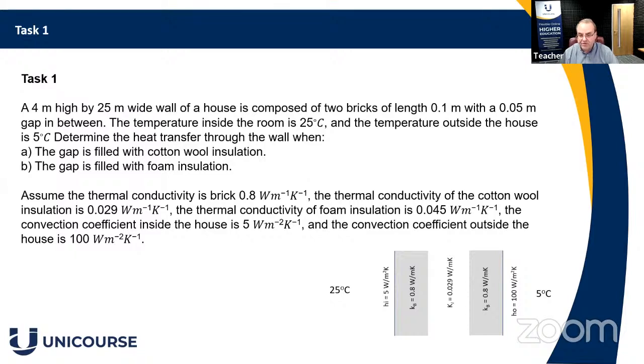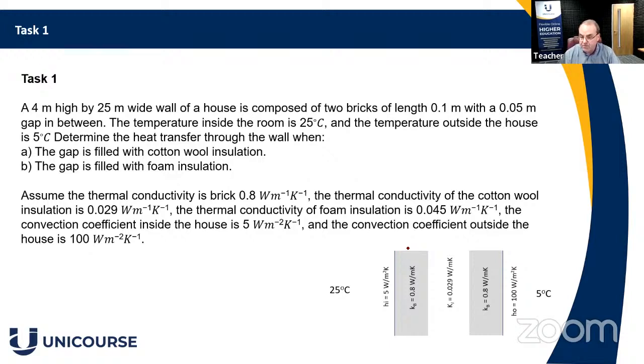Now below, you're given all the requirements in terms of thermal conductivity for the brick, for the cotton wool, for the insulation, and you're also given the convective heat transfer coefficient for the inner wall and the outer wall of the building. So the approach to this, you should always start off with a sketch to draw the system.